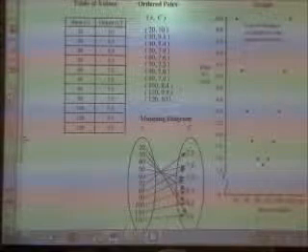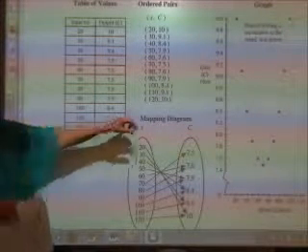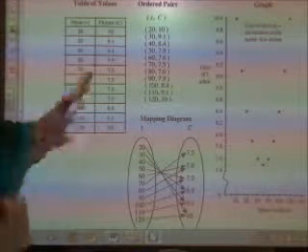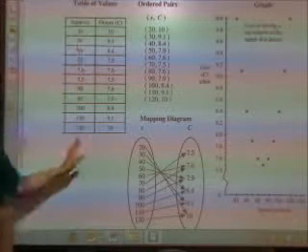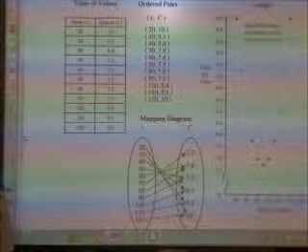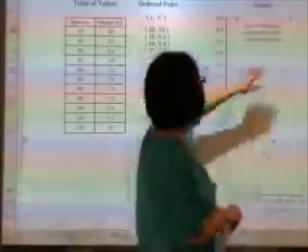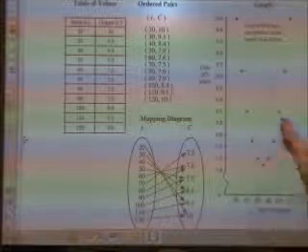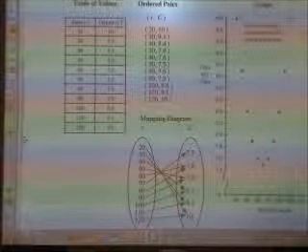So this represents my table of values, which I then turn into my ordered pairs. My inputs were my x variables, which go horizontally. My outputs were my vertical values. And then we have our graph. So we've drawn a set of points together that make this nice curve. Could I join the points of this curve?